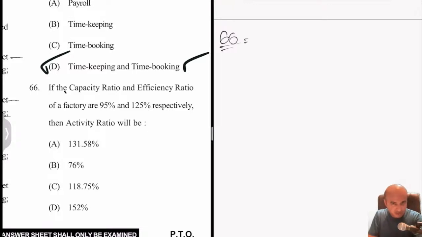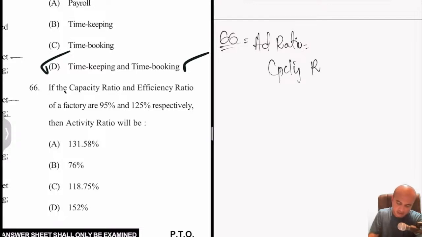Activity ratio we know is nothing but what? Capacity ratio multiplied by efficiency ratio. So activity ratio is nothing but capacity ratio into efficiency ratio. Now efficiency ratio as well as capacity ratio is given, so this is easy to identify.